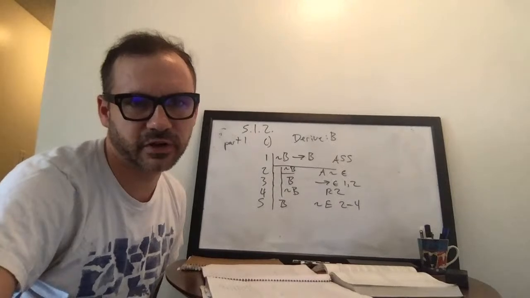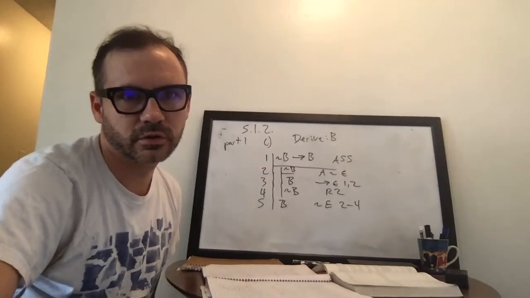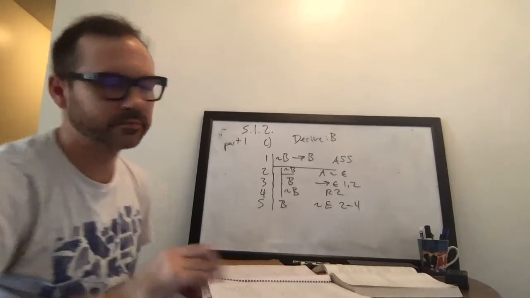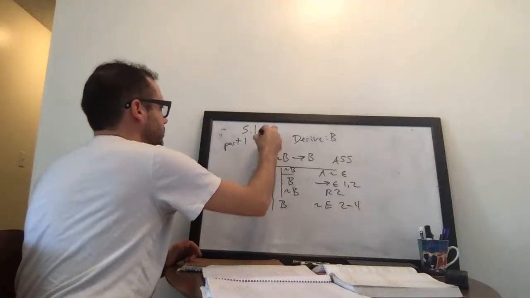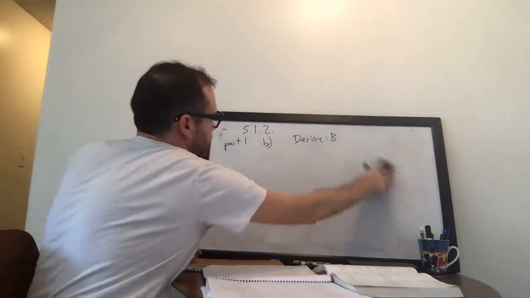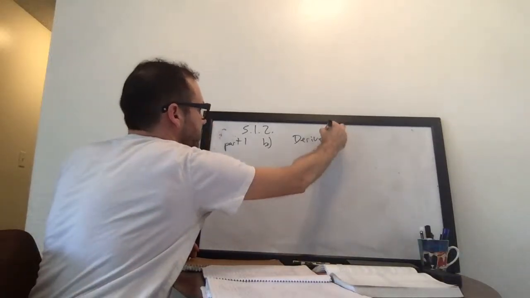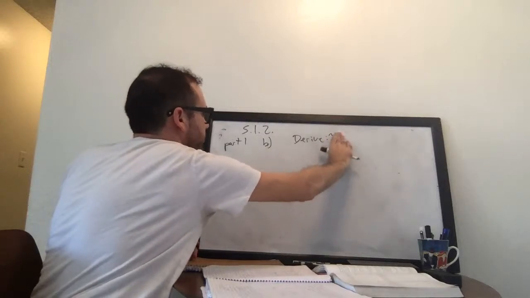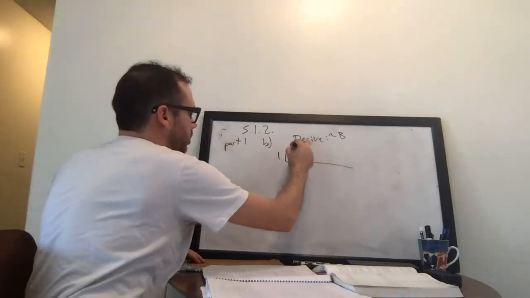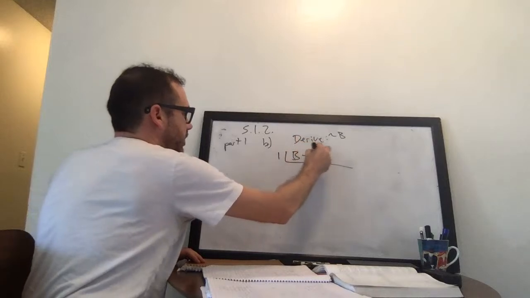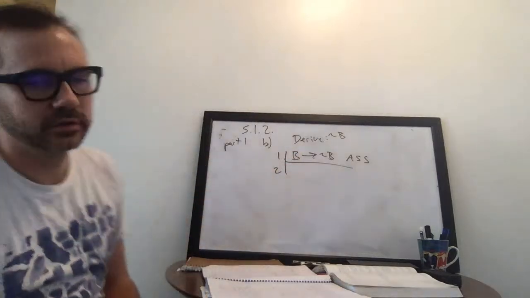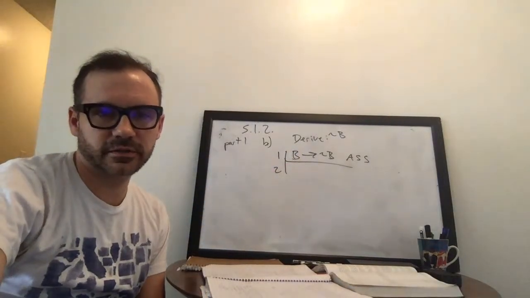This is in section 5.1.2 part 2b. Okay, this problem. Very similar proof, but just to be a little more deliberate and clear and patient with you guys, derive not b. And all you have here to work with is if b, then not b. So let's see if we can follow along and get this problem solved.